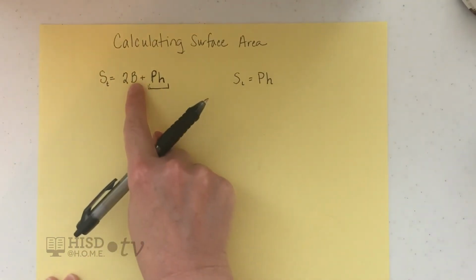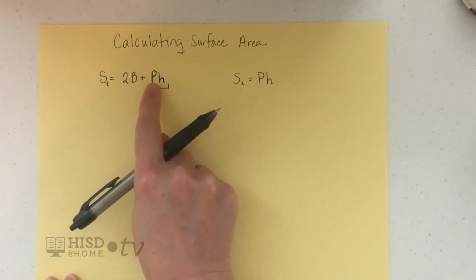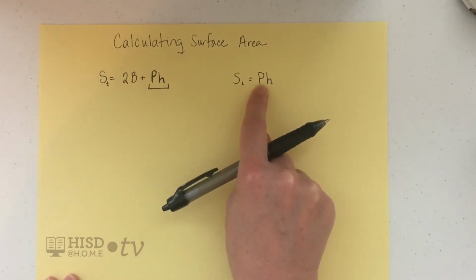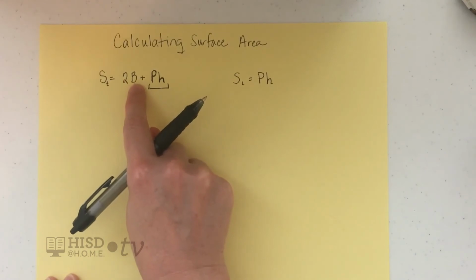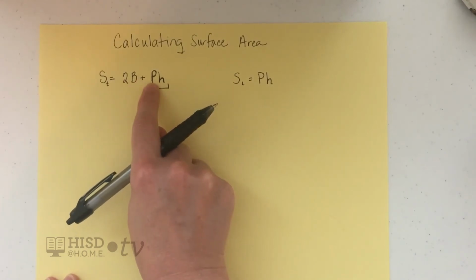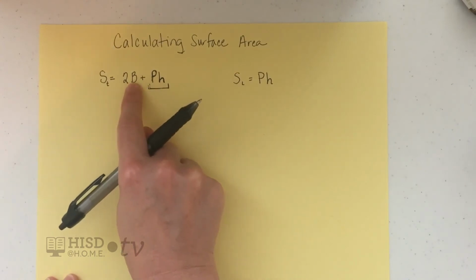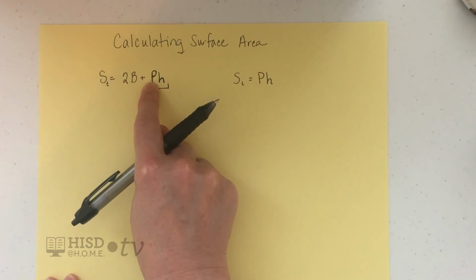You'll notice that the B and the P in my formula are capitalized. That indicates that these variables are talking about the base of my figure. This is the area of my base, or base area, and this is the perimeter of my base.